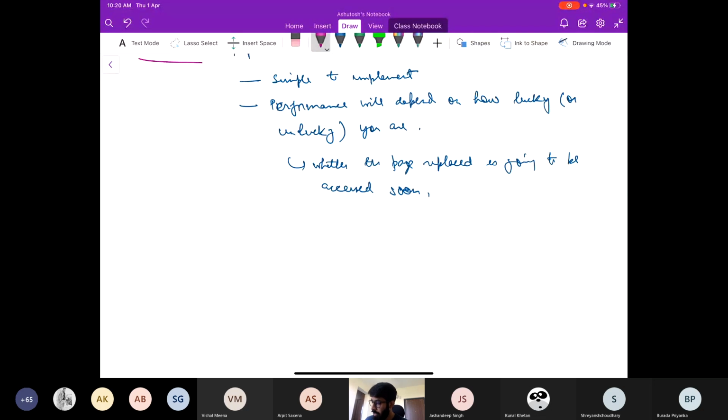Okay. So this is a very simple approach. But now there are some history based policies which try to get into the importance of the page. One of them is least recently used, abbreviated as LRU.